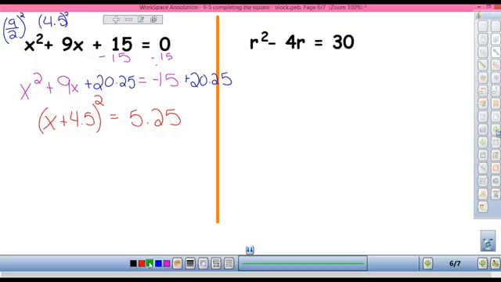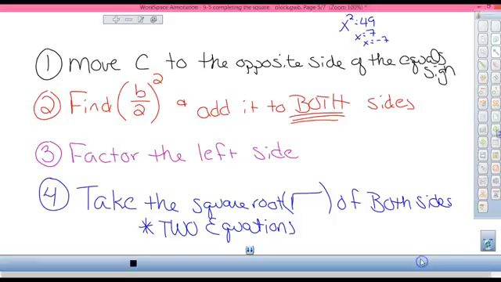You're right, but I think you missed part of it. Take the square root of both sides and you're going to get two equations. If you don't have that whole thing as step 4, get it down. If I'm moving too fast off that slide, you just have to tell me to slow down.